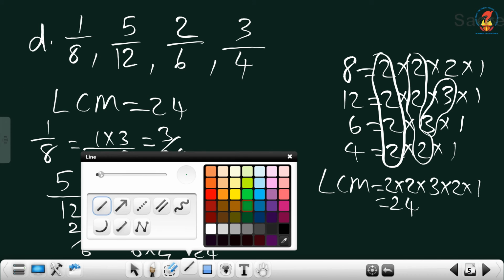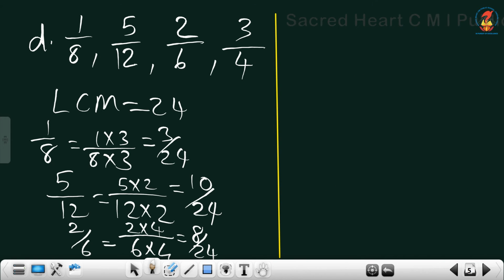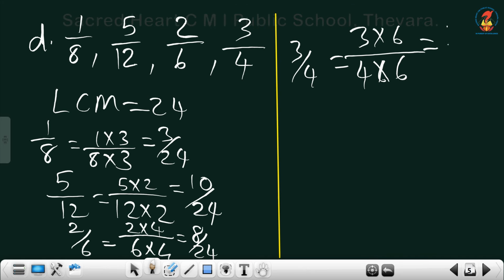Okay, after that, last one, 3 by 4 equals 4 into 6, 3 into 6, that is 18 by 24.